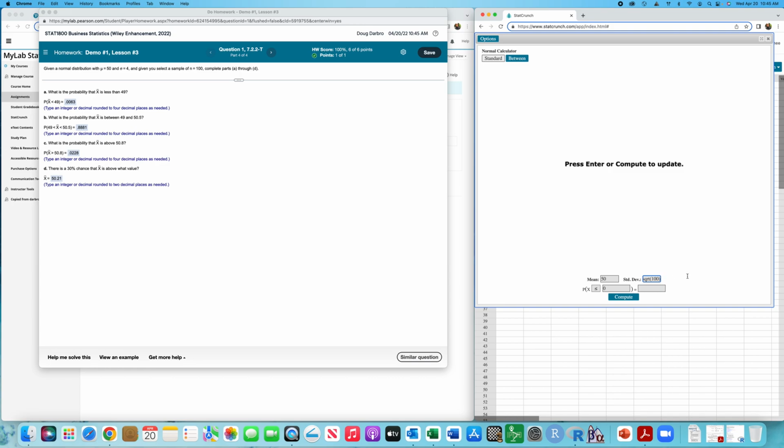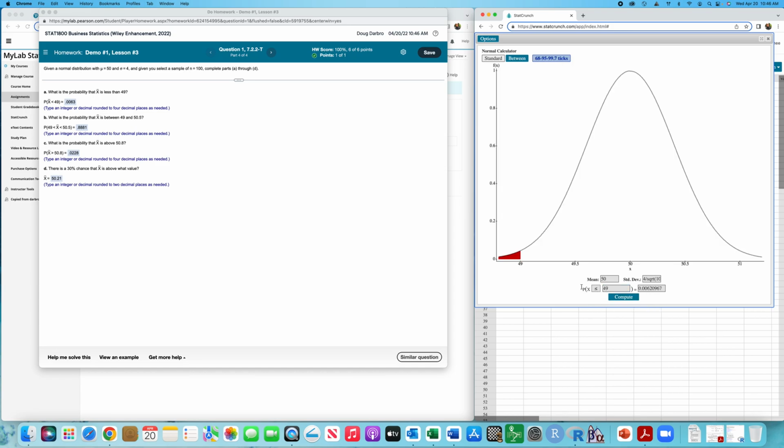And I'll tell you, it's so easy to get sloppy here and just put that standard deviation of 4 in there and not divide by the square root of the sample size. And if you want to wake up tomorrow and get all these problems wrong, then do that. It's just not going to work. So that's just something you have to do. So we need X less than 49.